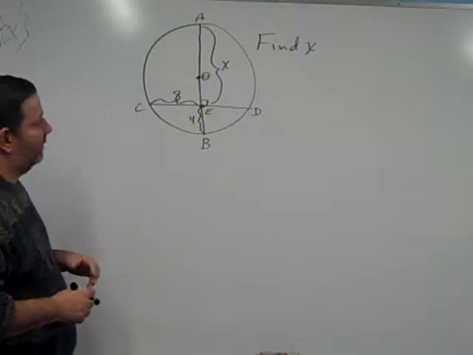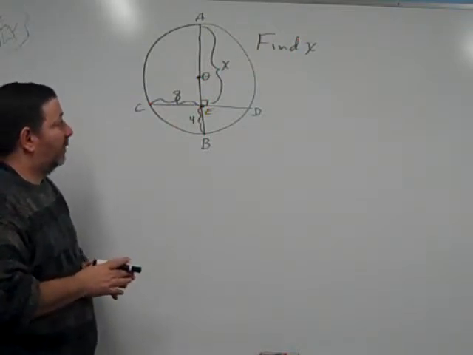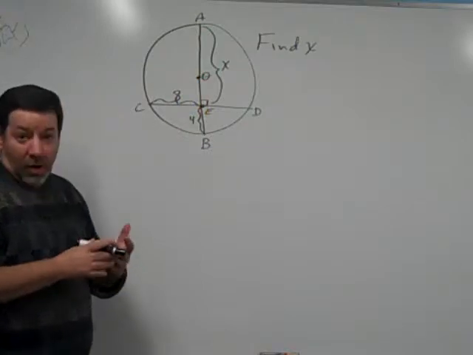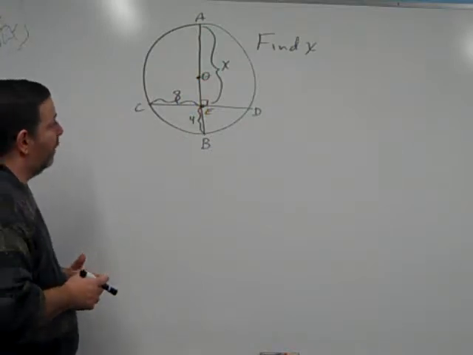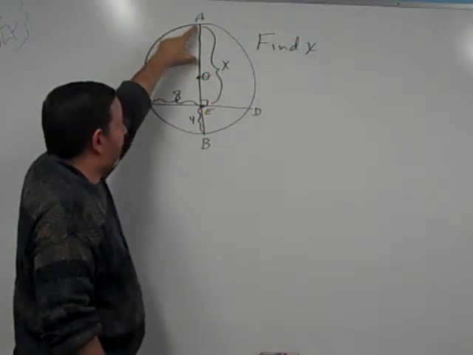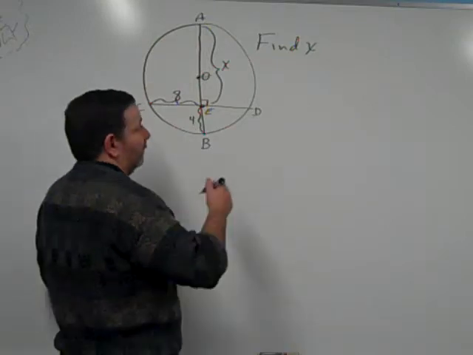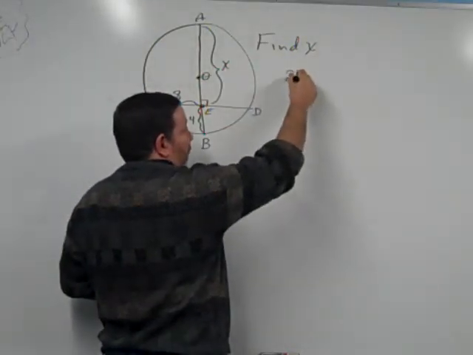The first thing is, let us define X in terms of the radius. Now, we know the whole diameter. If R is the radius, then the whole diameter is 2R.